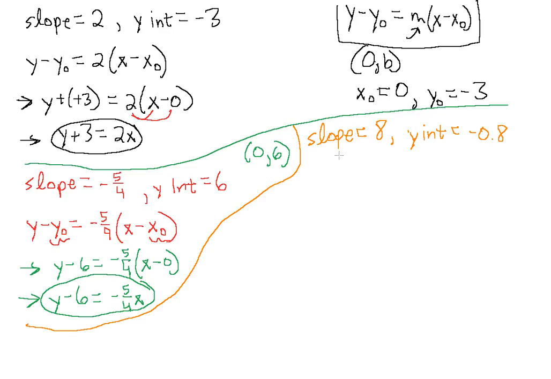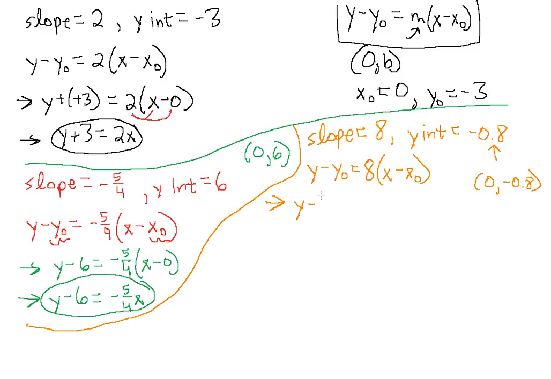Okay, so let's start with what we know. We have a general form of y minus y naught equals the slope, which is 8, times x minus x naught. Now we know a point here. We have our y-intercept, and this is our b value, so we have 0 and minus 0.8. So we can plug these into our equation.